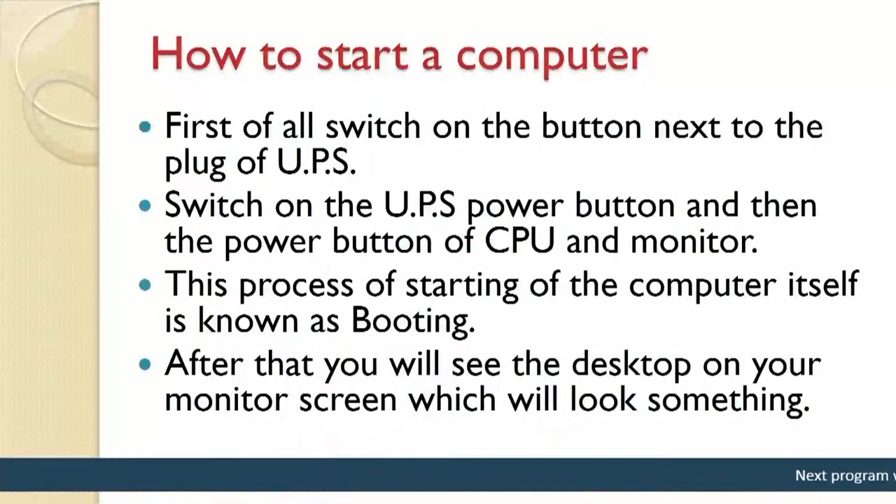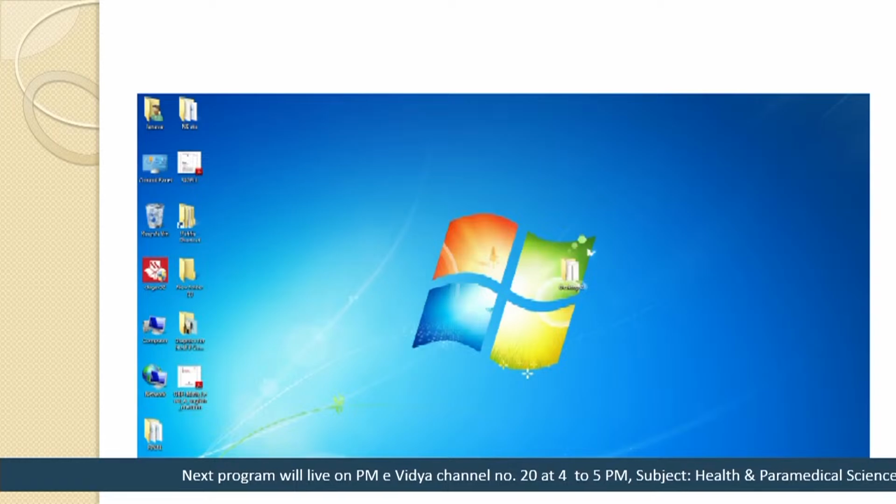After switching on the UPS power button, click on the power button of the CPU as well as the monitor, and the computer itself starts the process to start, and this process is known as booting. After a minute you will see the desktop on the monitor screen, which will look something like this.